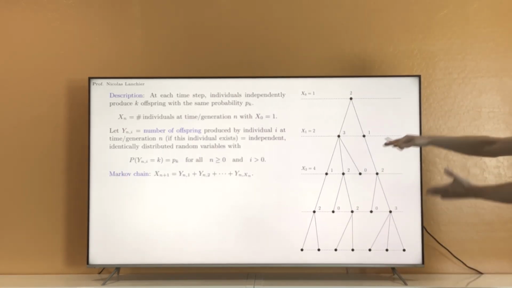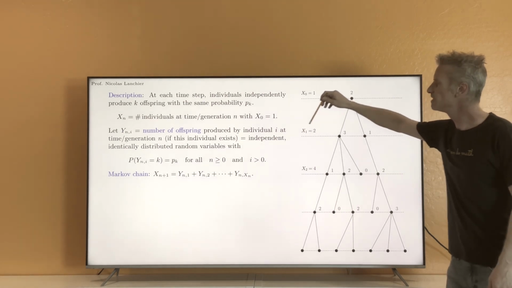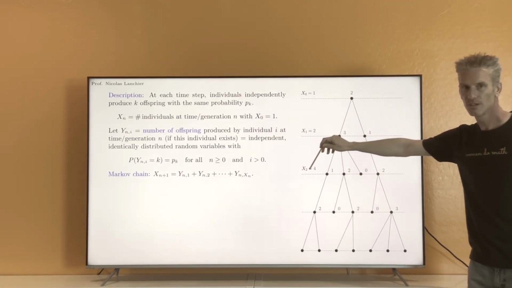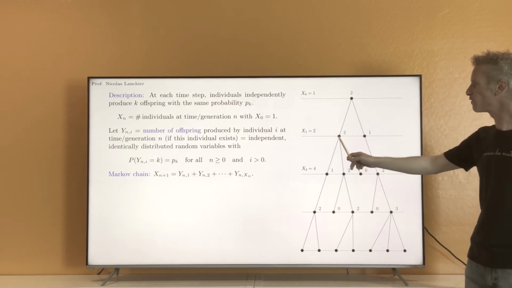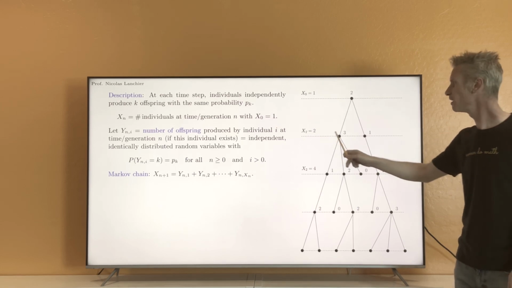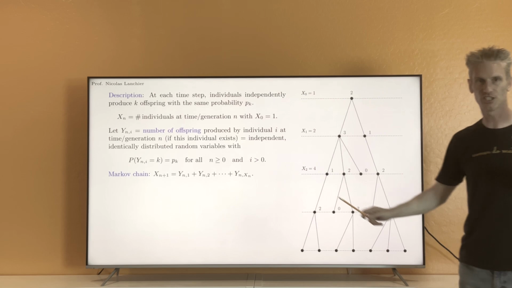So for instance, if I go to the picture, I can say that x1 is equal to 2. And so x2 is going to be equal to the number of offspring produced by the first individual at generation 1 plus the number of offspring produced by the second individual at generation 1.